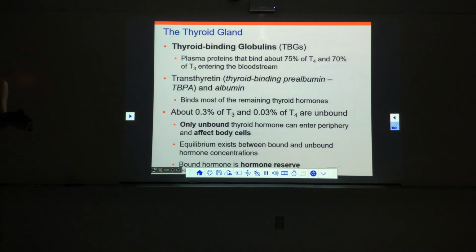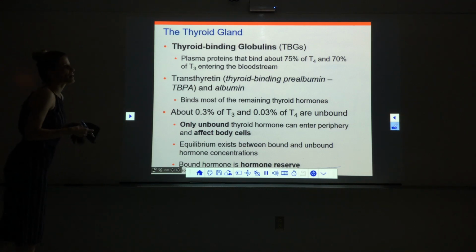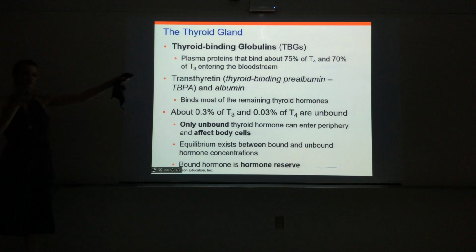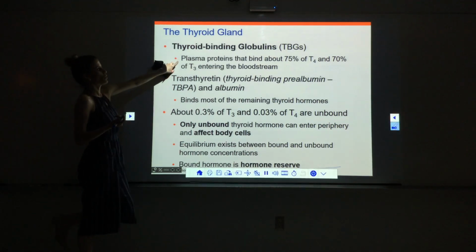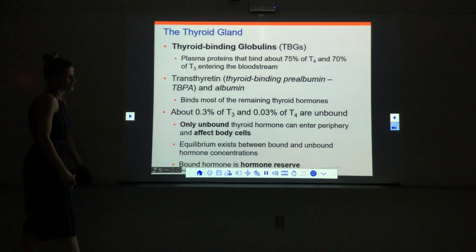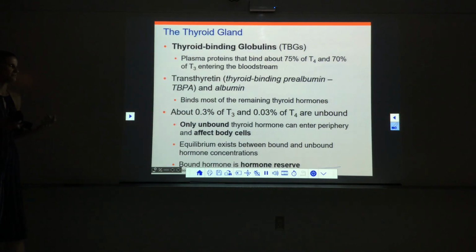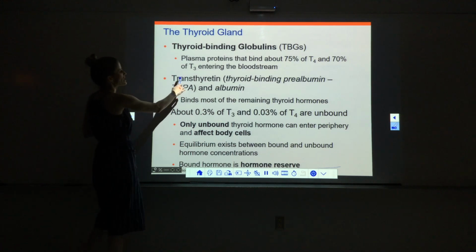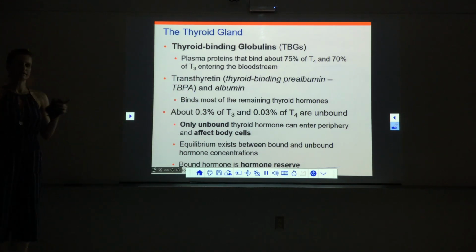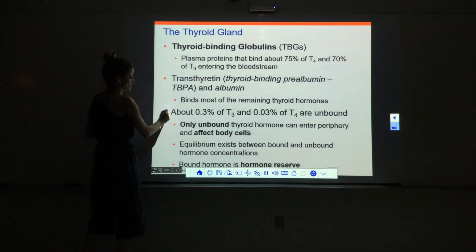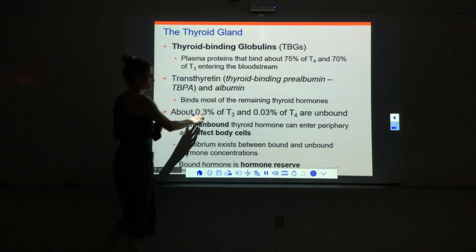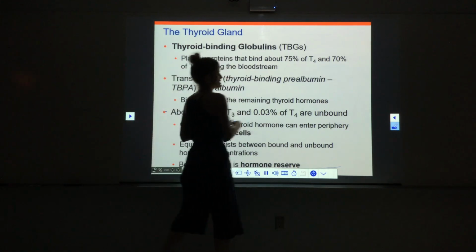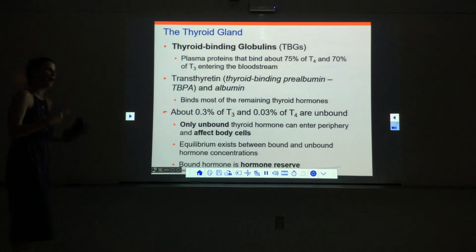It's kind of a generic name, but thyroid binding globulins are going to carry about 3/4 of our T4 and a little bit less of our T3. Transthyretin and albumin will bind most of whatever's left. And again, less than 1% of the thyroid hormone is traveling unbound. So very, very little T3, and even less of the T4, is traveling through the bloodstream unbound to a carrier protein.